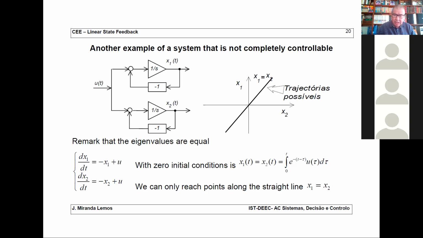I remember once a colleague of yours, a student of naval engineering, approached me with a problem from a boat: how to place the propellers in the boat such that he could do all the possible maneuvers.